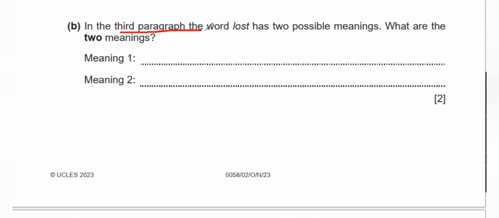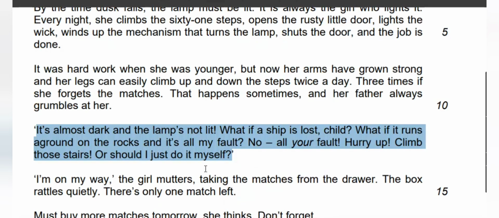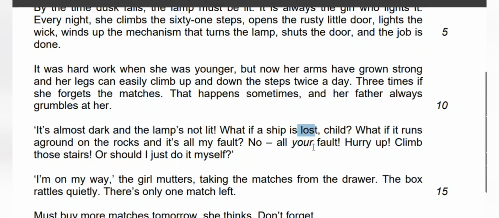In the third paragraph, the word lost has two possible meanings. What are the two meanings? Yes, the ship lost. That's it. What are the two possible meanings for lost? The first one, the ship not knowing where it is, where to go, or has gone off course, cannot find its way.